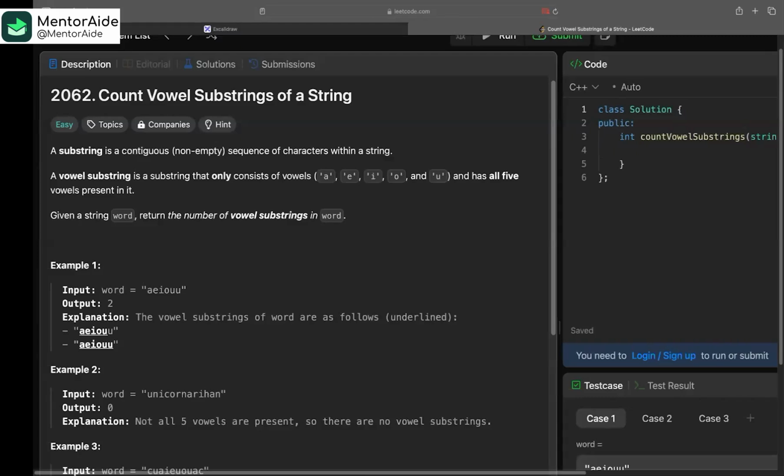But while traversing the string, we can have a hash map. If you guys remember, we discussed the hash map yesterday. So we can have a hash map for A, E, I, O, U. While traversing, we will mark what we have already seen, and at every iteration we can check if we have seen all the vowels already. That means we have already found one of the substrings.